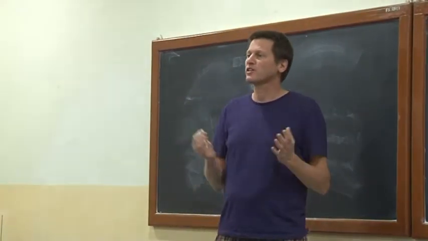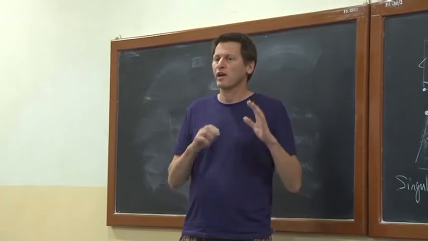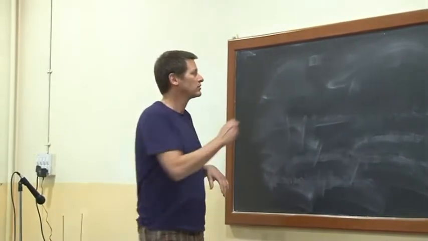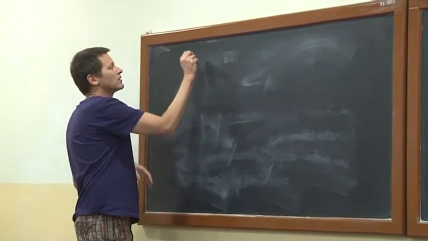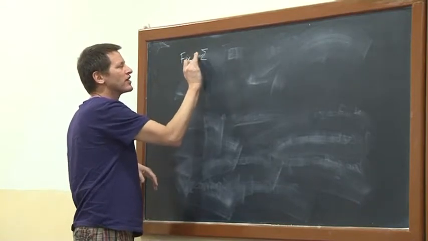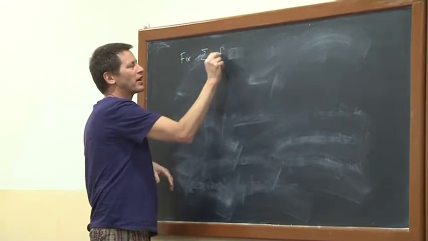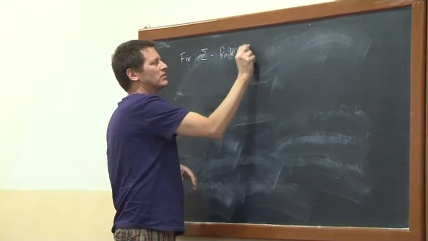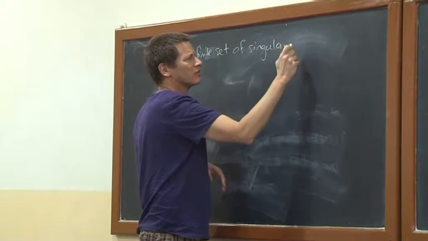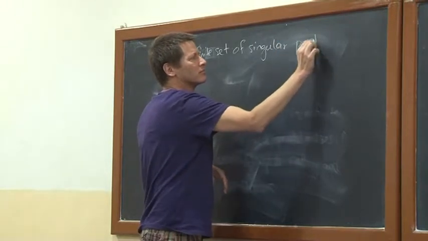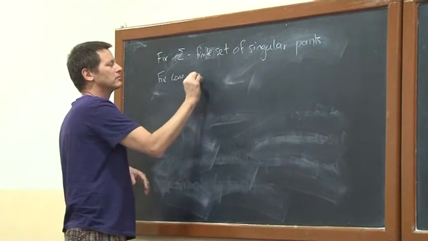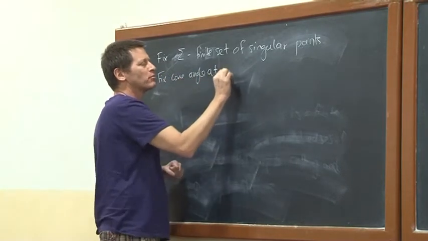So we are going to restrict our attention to a situation in which we have a fixed number of singular points: a fixed finite set sigma of singular points, and a fixed cone angle at each point of sigma.